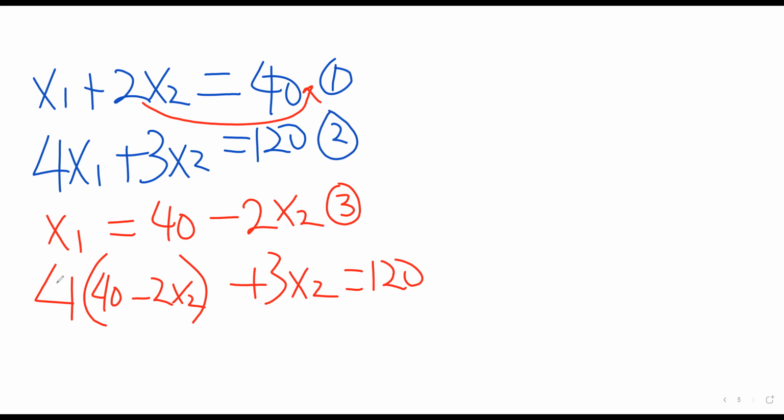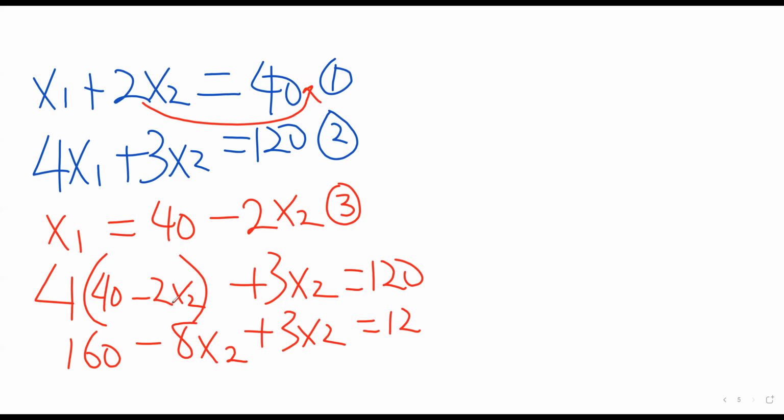Expanding it means that you multiply 4 by the 40, and then 4 by the 2x2. When you do 4 times 40, that is going to give you 160. And when you do 4 times 2, that will give you 8x2, so minus 8x2. Then you add your plus 3x2 equal to 120. Now you group like terms, the good old days of grouping like terms.